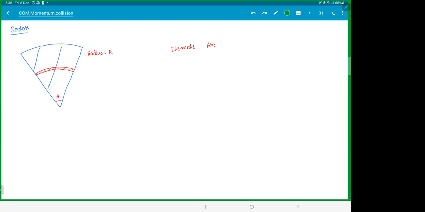So, how do you find the center of mass of this sector?